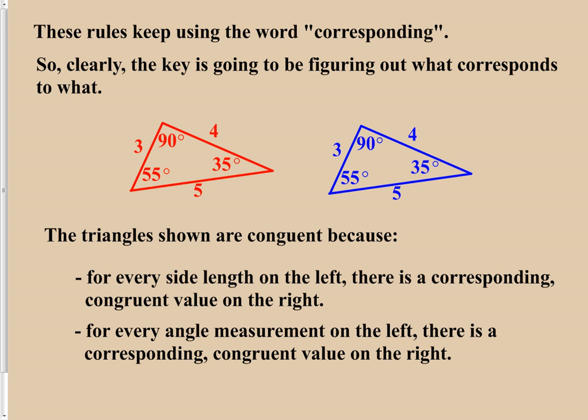Both those statements use the words corresponding. So we had to take great care to figure out what corresponded to what, and the thing that we really emphasized was that things do not correspond to each other based upon the way that they're sitting. Like these two triangles you're looking at now, obviously the 90-degree angle at the top does correspond to the 90-degree angle at the top from the red triangle to the blue triangle, but they do not correspond because they're both at the top.